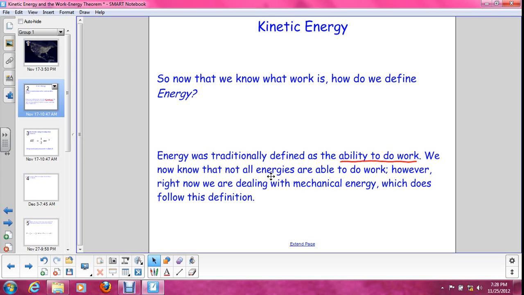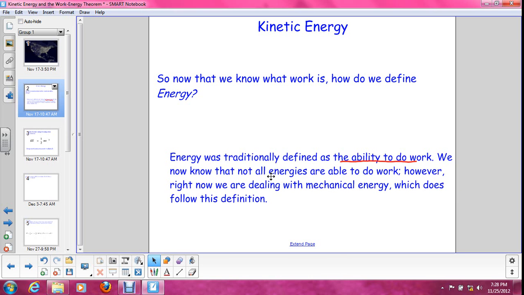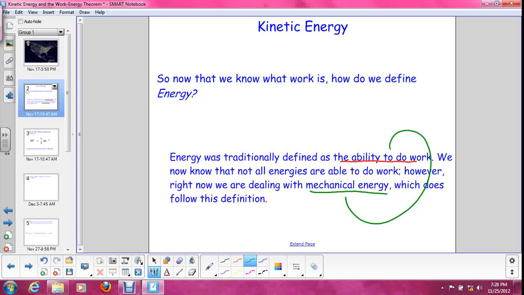But we now know not all energies are able to do work in the traditional sense. But right now, we are dealing with mechanical energy, and because we're dealing with mechanical energy, it follows the definition of being able to do work.